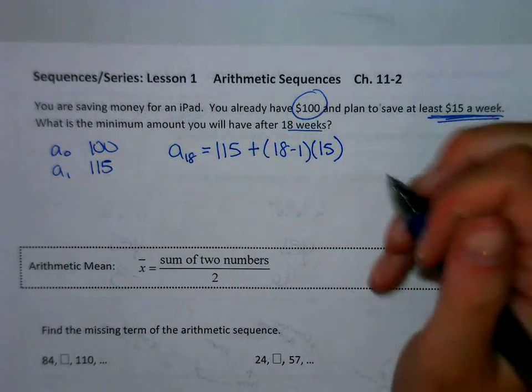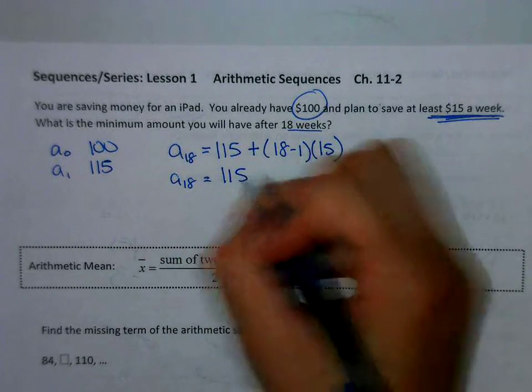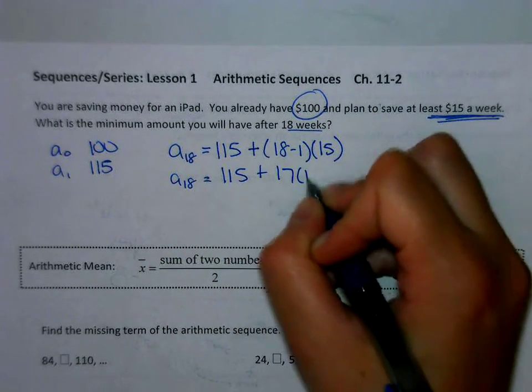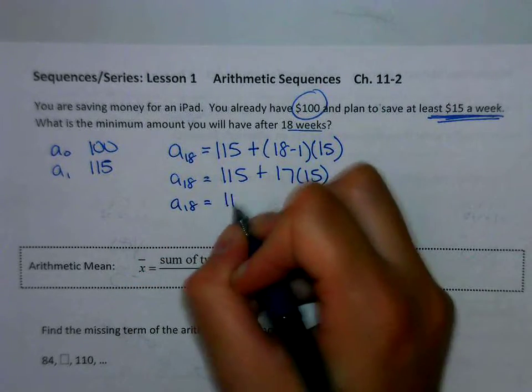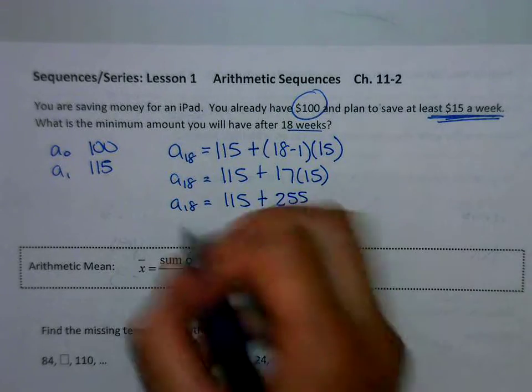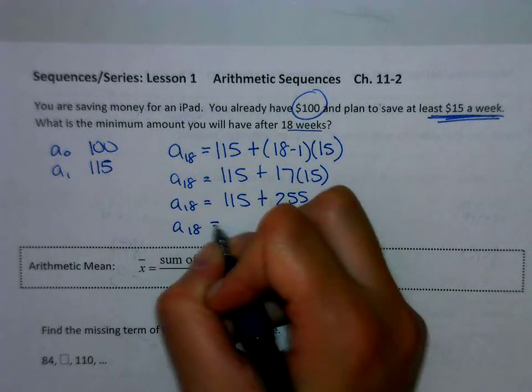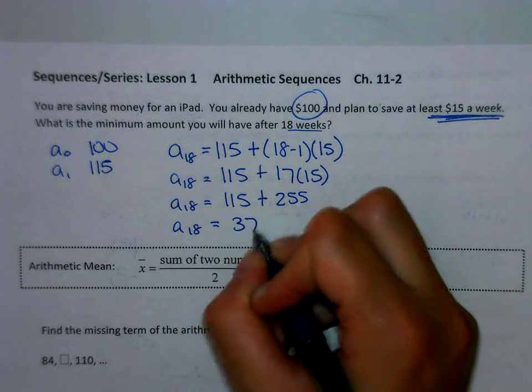That's how much we're adding each week. If we solve this, 18 minus 1 is 17. Multiply that by 15. 17 times 15 is 255. So 115 plus 255 is $370.